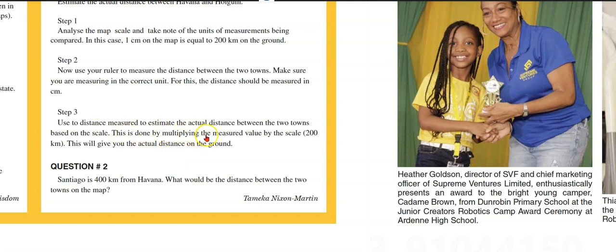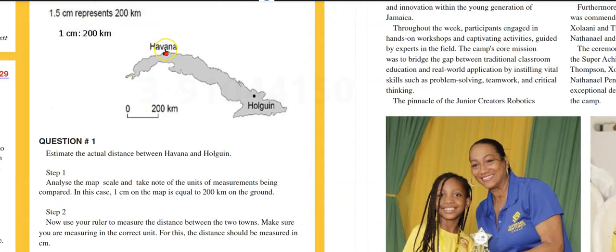This is done by multiplying the measured value by the scale, 200 kilometers. This will give you the actual distance on the ground. So when we measure from here to here, whatever we get in centimeters, we're going to multiply by 200 to get the actual distance on the ground.